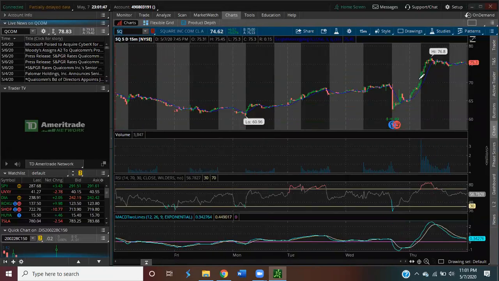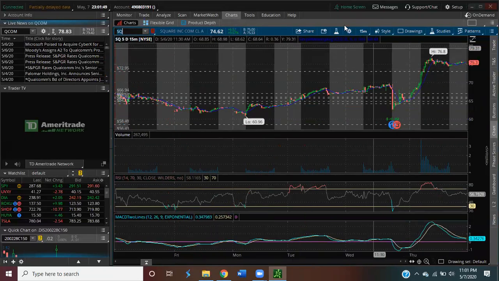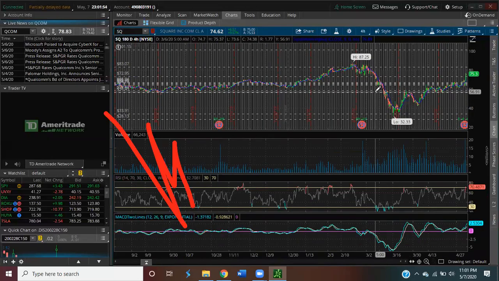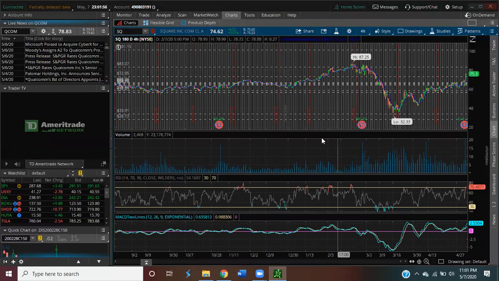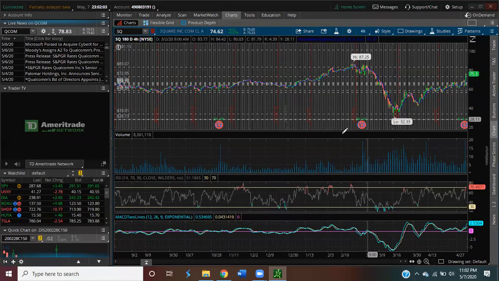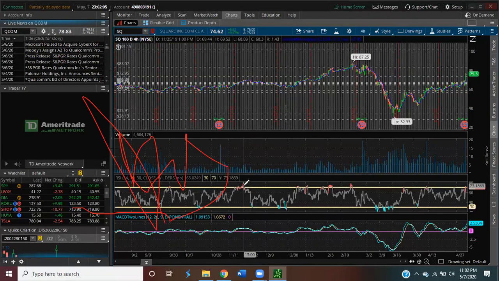Man. See. Square, they don't stay overbought long. You see on this large time frame, Square is not a company that stays overbought.